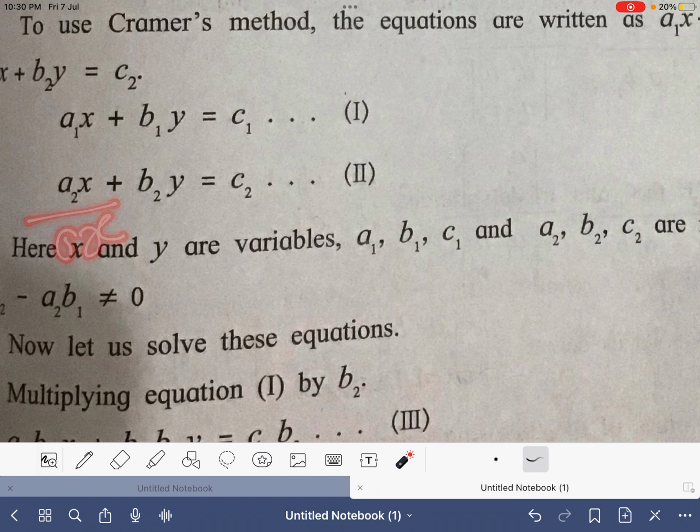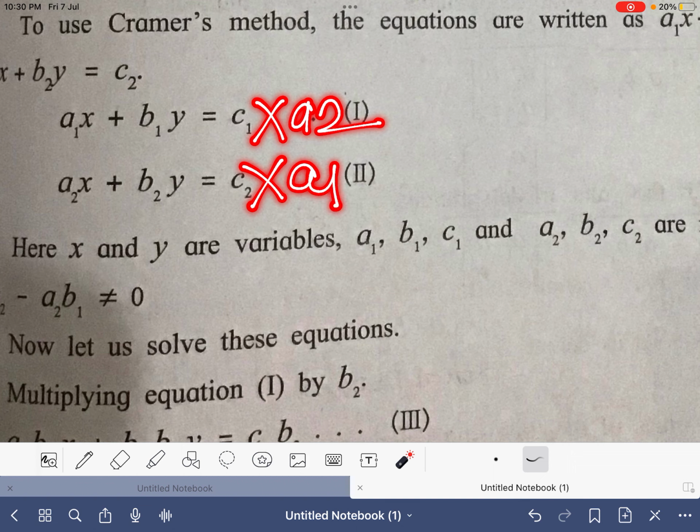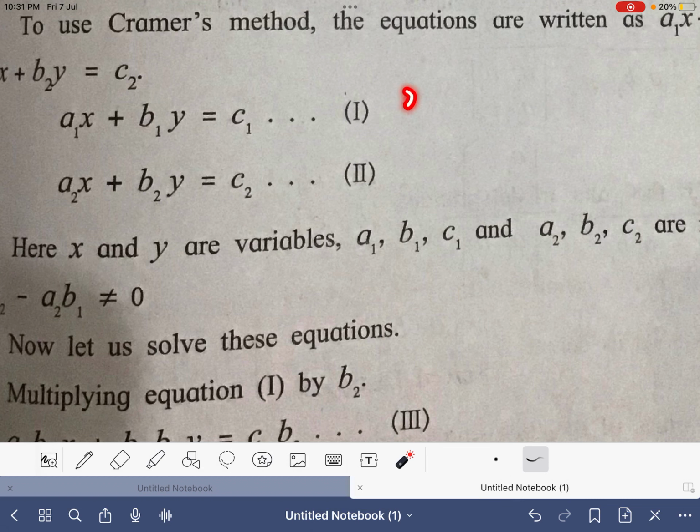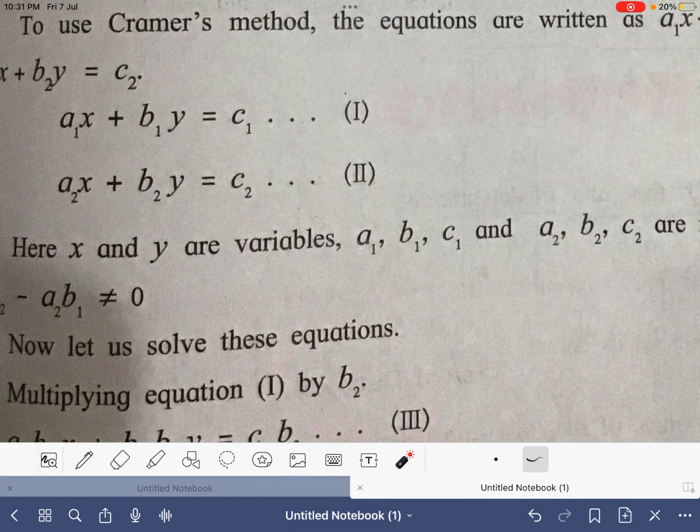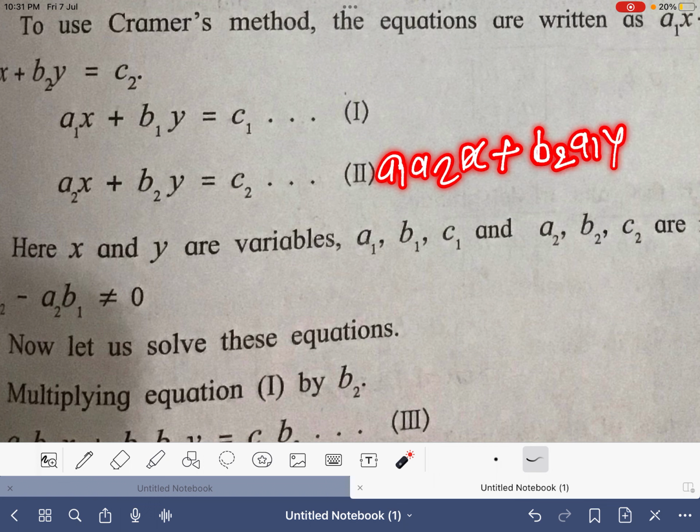So for that, multiply the first equation by a2 and the second equation by a1, and then you will get a new equation: a1 a2x plus a2 b1y is equal to a2 c1, and here we get a1 a2x plus b2 a1y is equal to a1 c2.